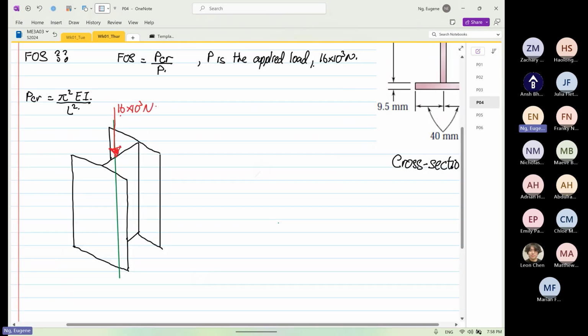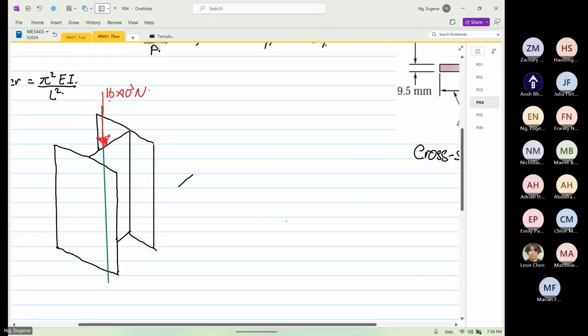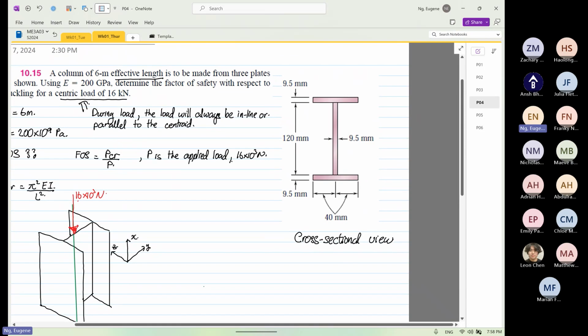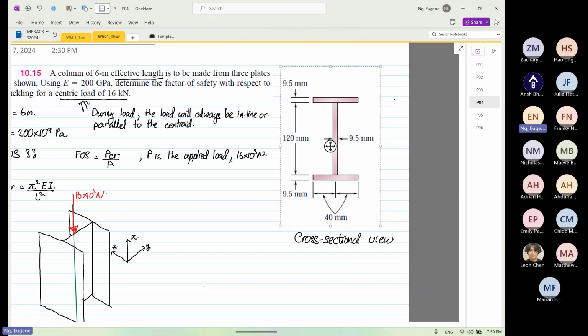I'm going to call this our Y. This is our Z. And going up is our X. So that is the transformation that we are going to use. If we relate this to our cross section, this will be our Y. This will be our Z. And this is our rotation about X.